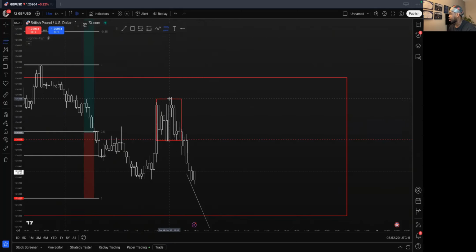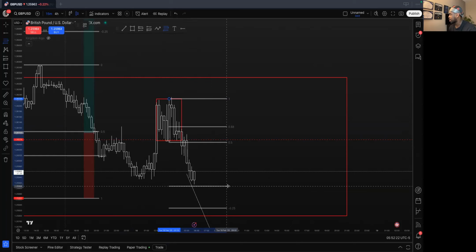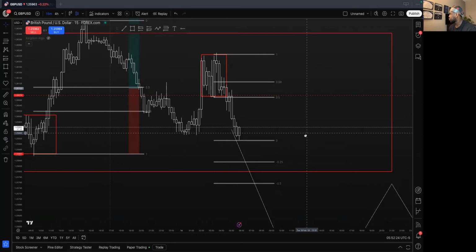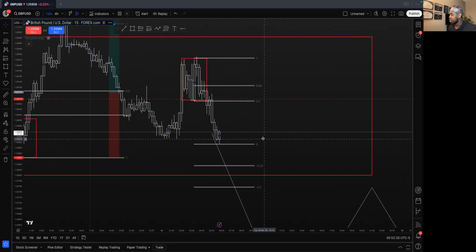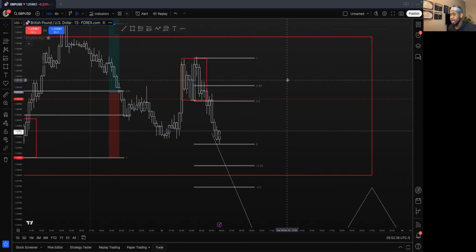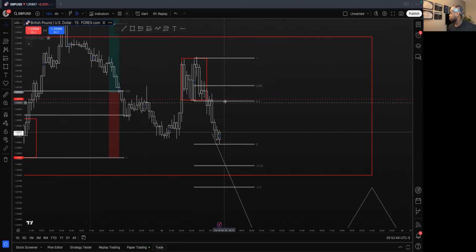So now I grab my fib, take it from the high to that low, and now I have my areas of fair value. So in the auction market theory, the 70% level is your fair value price. But here in SKC, I want y'all to focus more on the risk to reward and not the technical. So the 0.68 is there for risk to reward purposes.